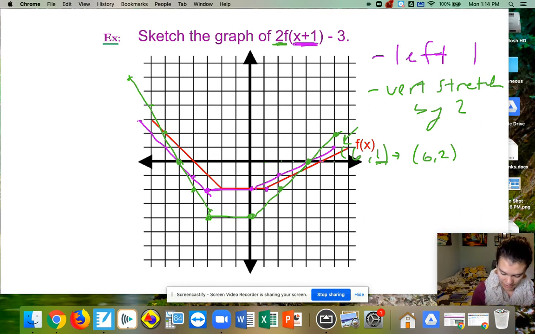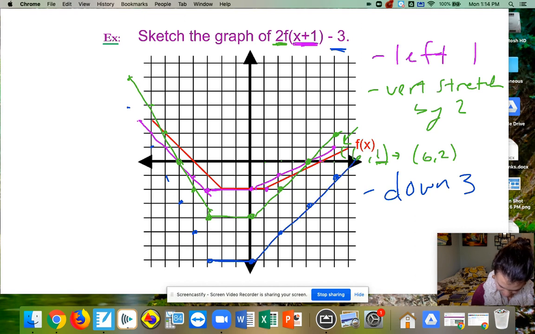And then the very last thing to do is this down 3. So I'm going to take each of these points and move them down 3. And you get this.